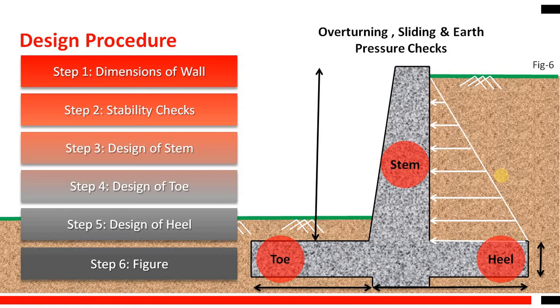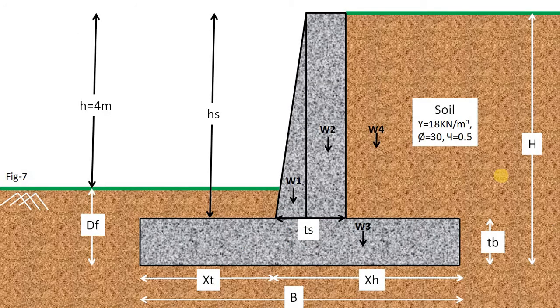Now coming to the dimensions. In figure number 7, we will see the dimensions. You can see the height, which is the height of the ground, or the difference in elevation. This is DF, the depth of the footing, and HS, the height of the stem. Here you can see the overall height, which is the difference in elevation plus the depth of the footing.